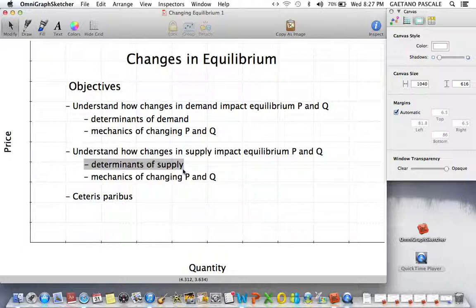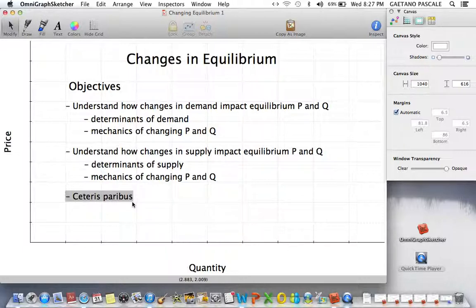Wages, the cost of capital, i.e. the cost of machinery for the business, taxes on the business, regulation of the business, etc. So make sure you remember those determinants and particularly how they cause the supply curve to shift when those determinants change.